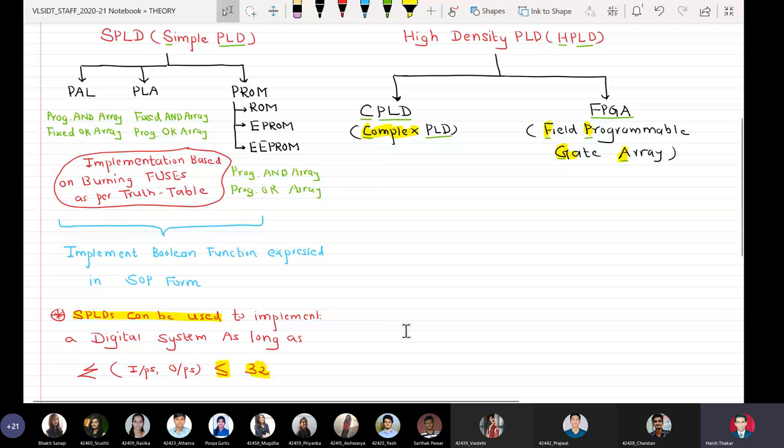Okay. So if you have a truth table, you have the expression which is expressed in min terms or max terms, then you can burn certain fuses to implement it.